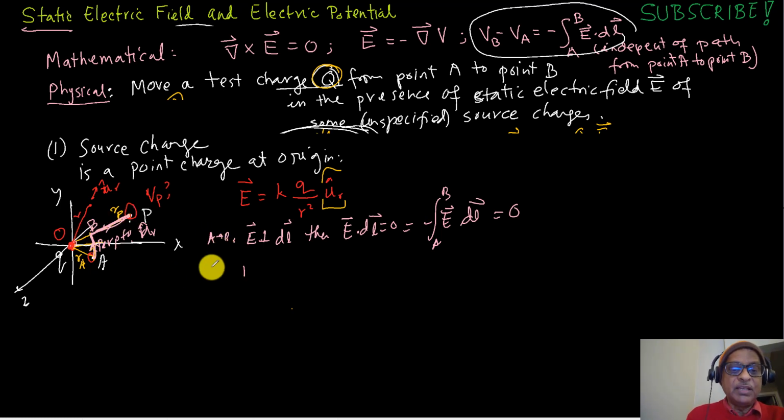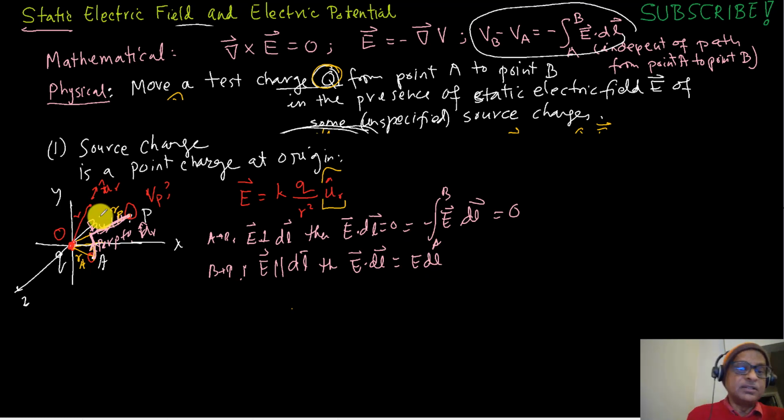From B to P, E is parallel to dl. So E is that way, dl is that way. Then E dot dl is just E times dl, and E depends on how far we are.